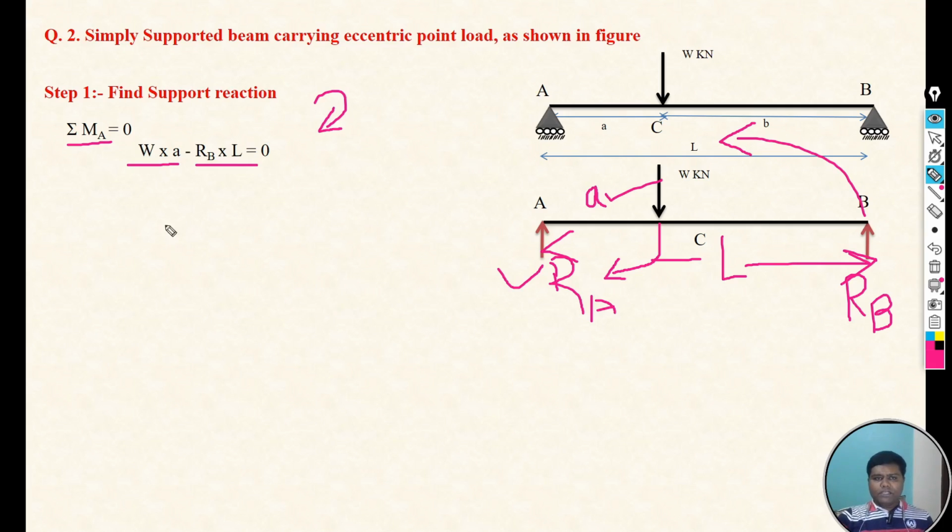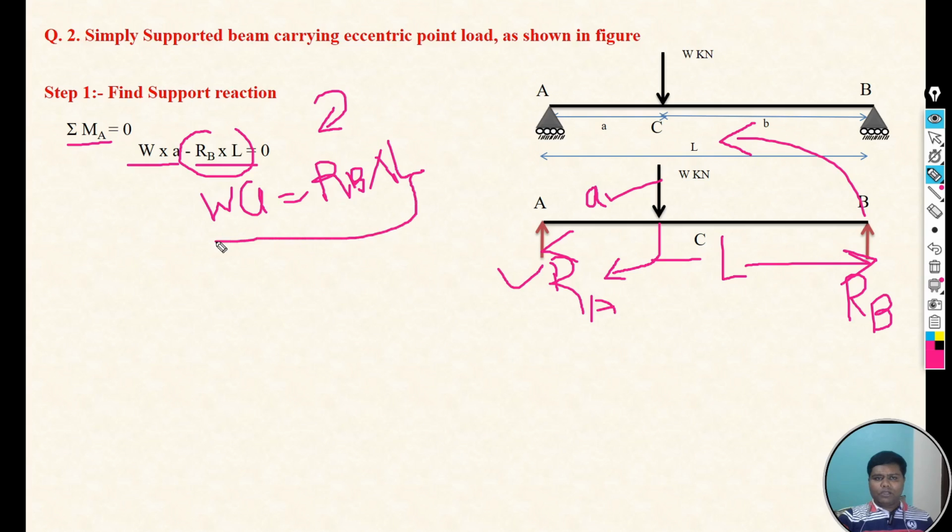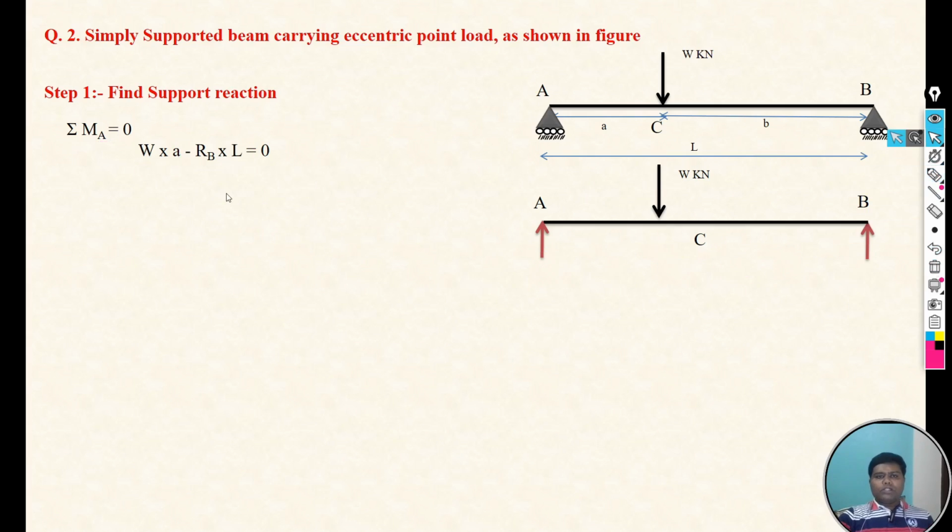How can we solve it? Take RB on the right side, so it will be W a equals RB into L. Then take L on the left side, so it will be W a by L. So the reaction at B point is W a by L kilonewton.